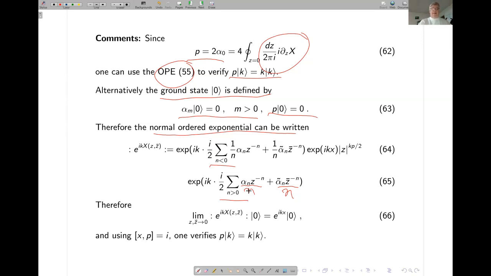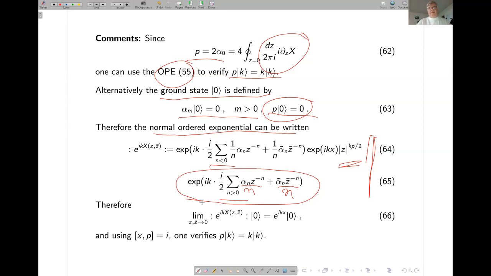So this takes care of the normal ordering of the alphas. Then x and p: again, p annihilates the ground state, so we put it to the right of x, which acts non-trivially. Now, what happens if I take this and apply it to the ground state? Let's go term by term. First, what about this term where we have alphas with positive n?